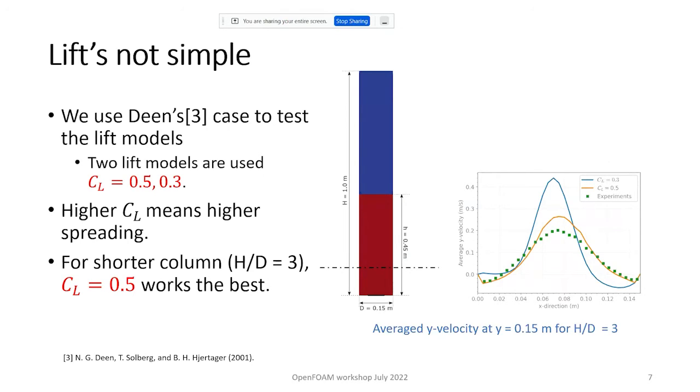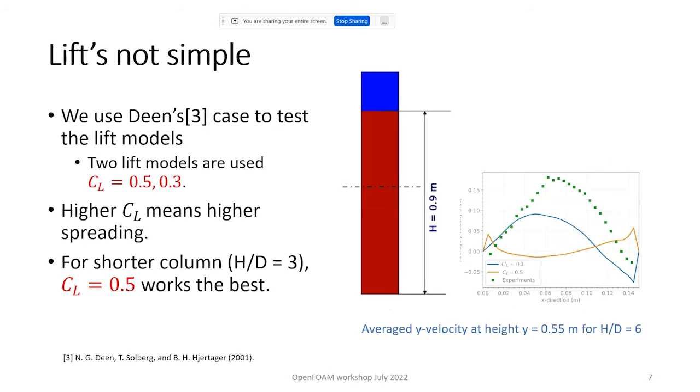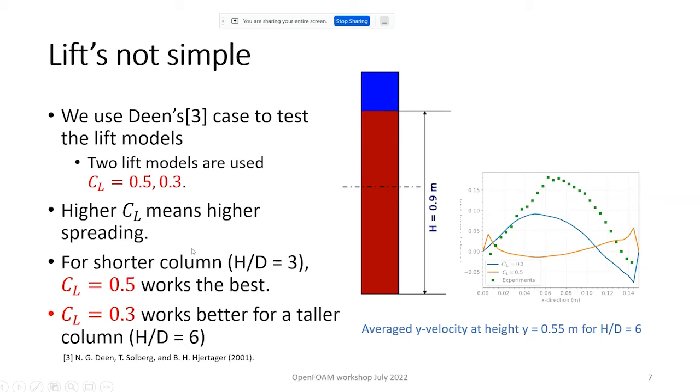When we change to the taller column, that is 0.9 meter, we see that CL equals 0.3 is better than CL equals 0.5, and this is what we expect. And then we already see that we are using different CLs for different aspect ratios, which is not really nice.